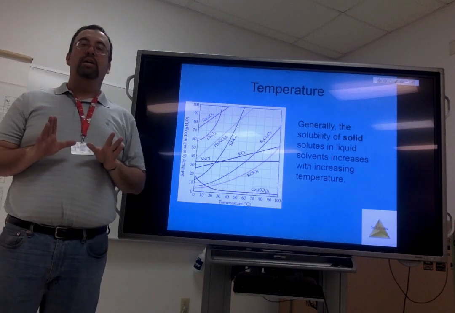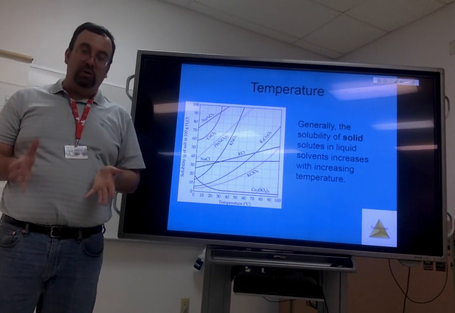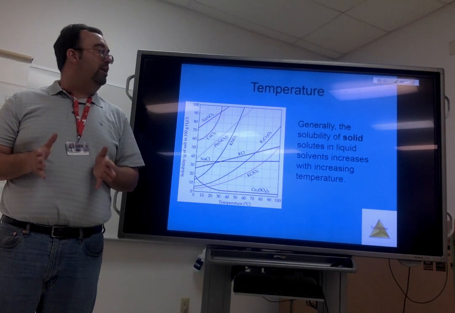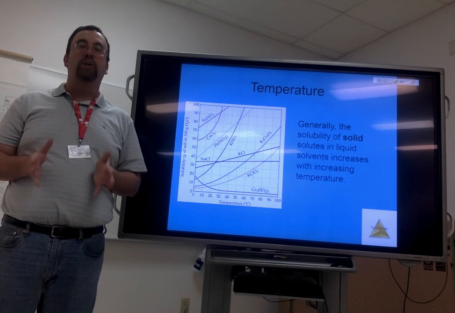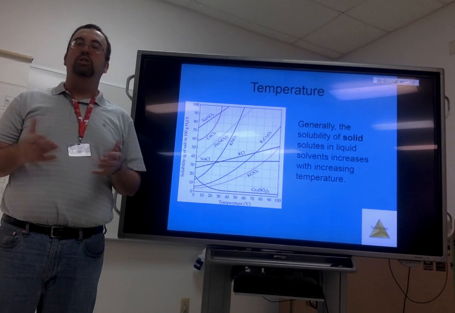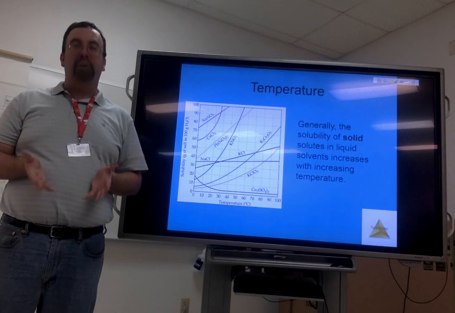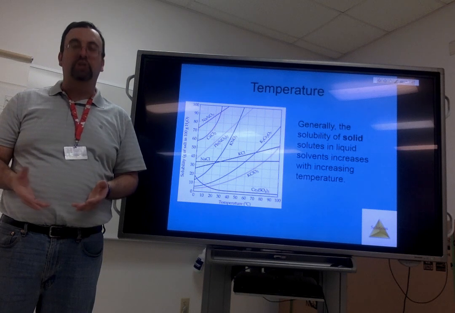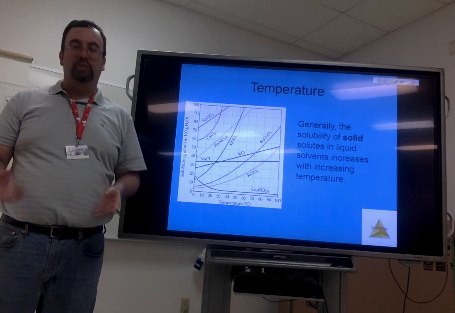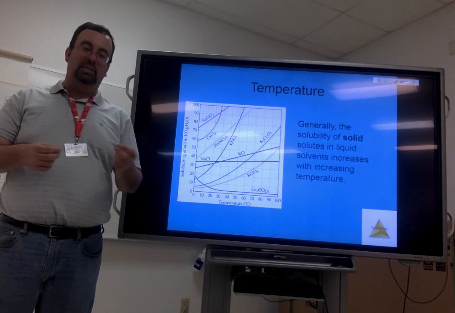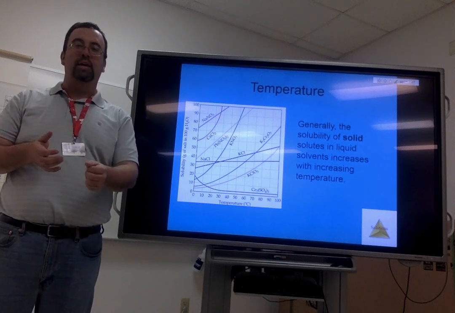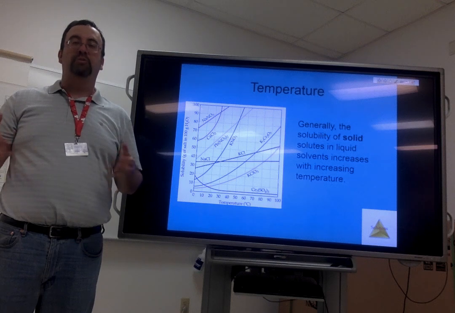Generally speaking, the solubility of a solid in liquid solvents tends to increase with increasing temperature. Hopefully this makes sense, because by increasing the temperature, you're adding heat to the solution, causing the molecules to bang around the container and hit into each other more frequently, so there's more of a chance for them to interact.